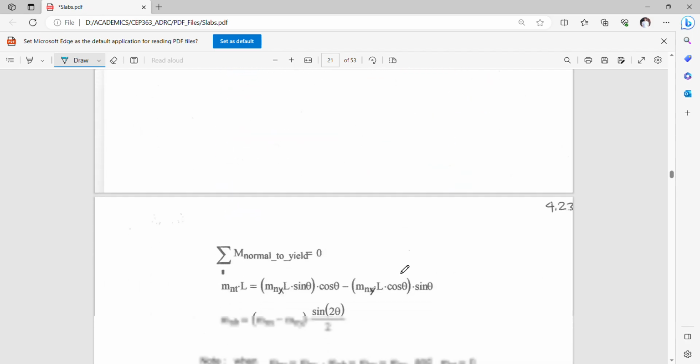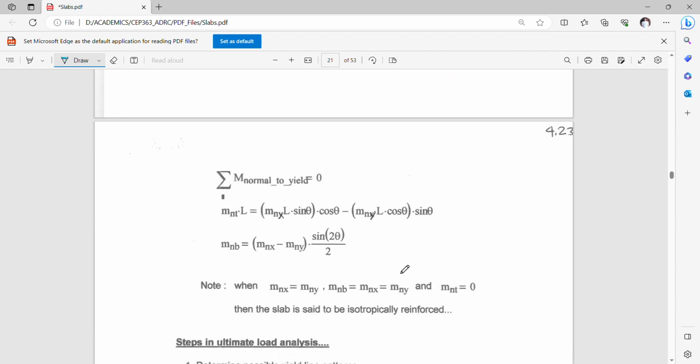Okay, so similarly for the summation of moments normal to the yield line, I do the same, but here I will be having a sine theta cosine theta and a cosine theta sine theta there, because this will no longer be MNX and MNY. Okay, so this is x and this is y.